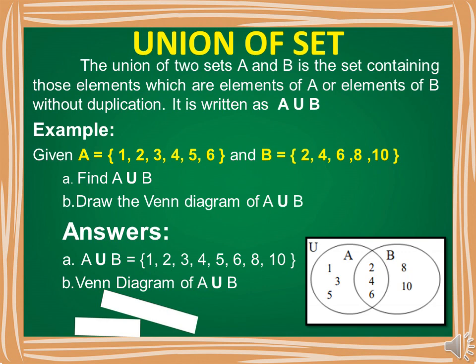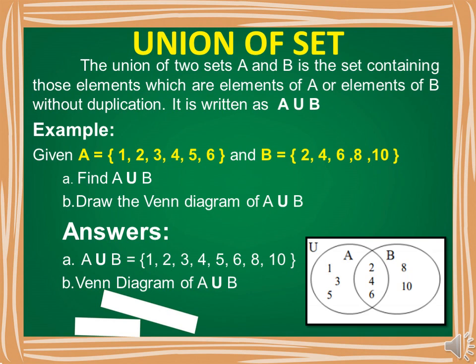This time we'll go to the union of sets. What is this? The union of two sets A and B is the set containing those elements which are elements of A or elements of B without duplication. Take note, without duplication. It is written as A ∪ B. You read this as A or B. For example, we have set A: 1, 2, 3, 4, 5, 6 and B: 2, 4, 6, 8, 10.